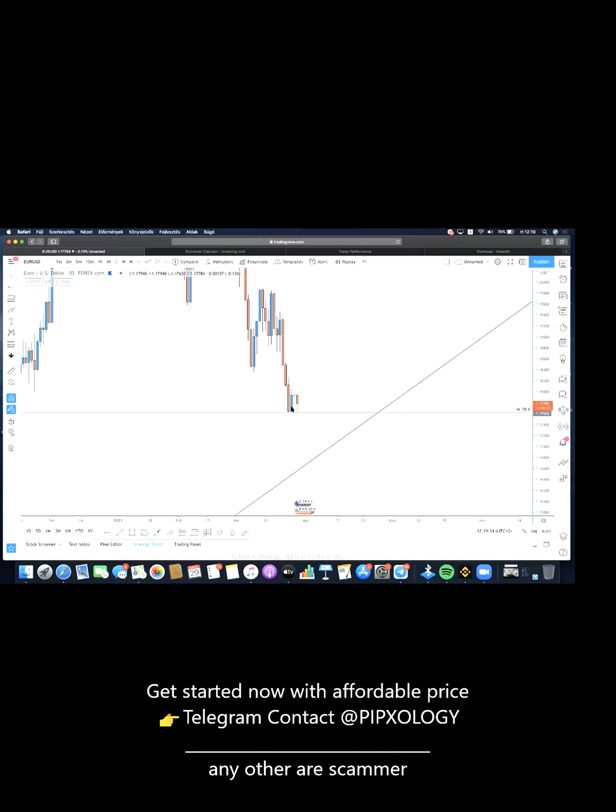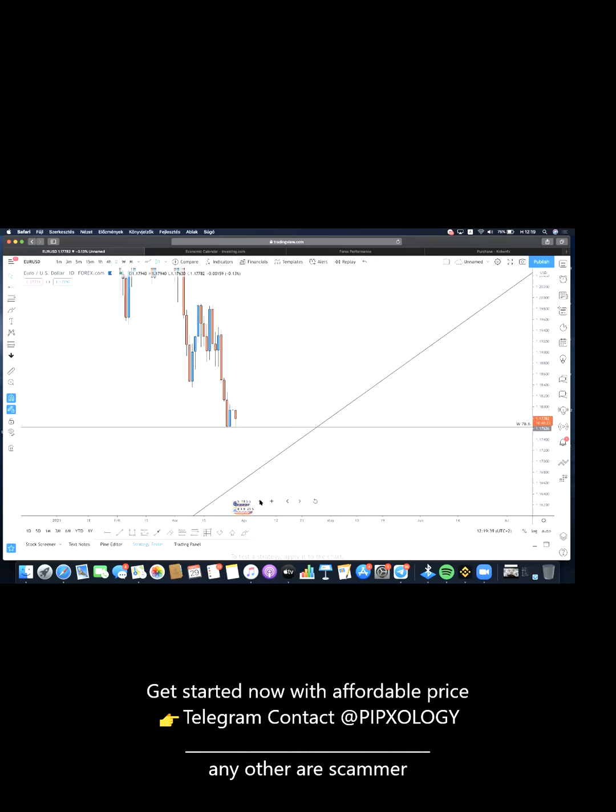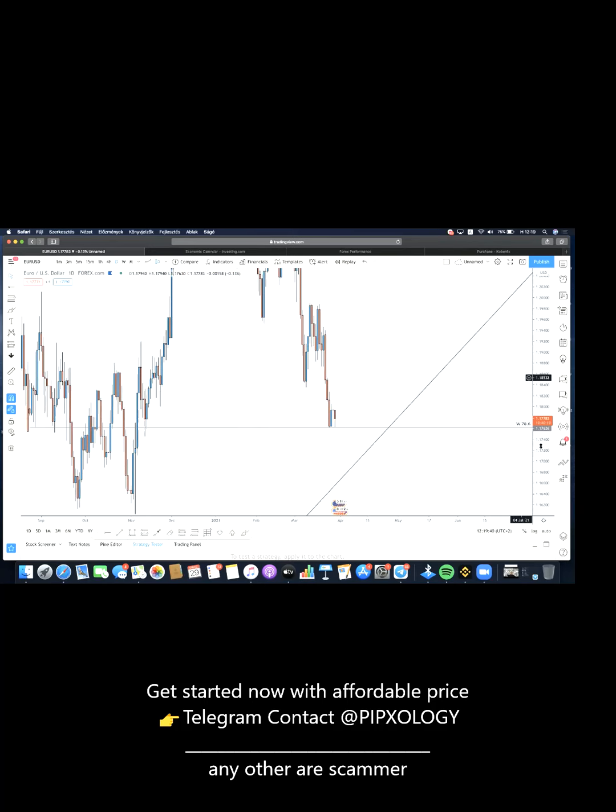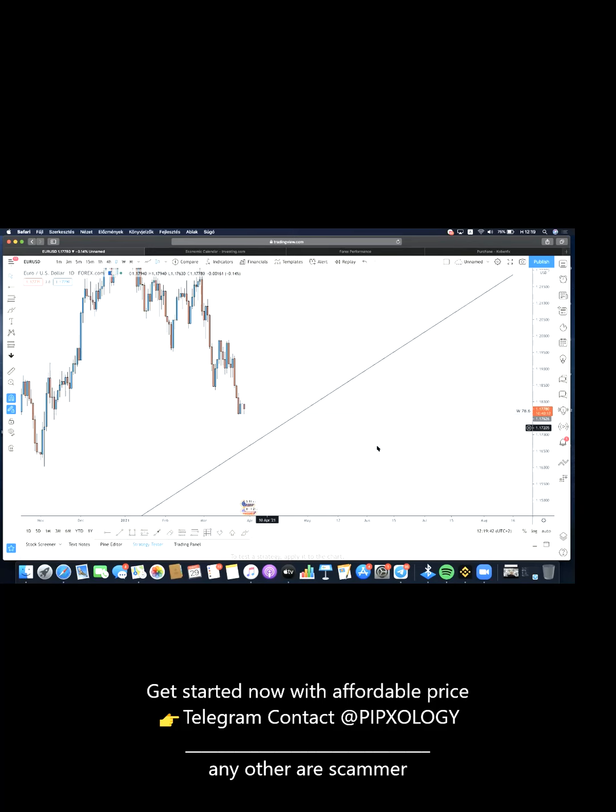You can see on the daily the price stopped perfectly at the weekly 78.60 level, but at the moment it's still really bearish. So if this level is broken, we can expect still some bigger push to the downside. I just adjusted the trend line a little bit.